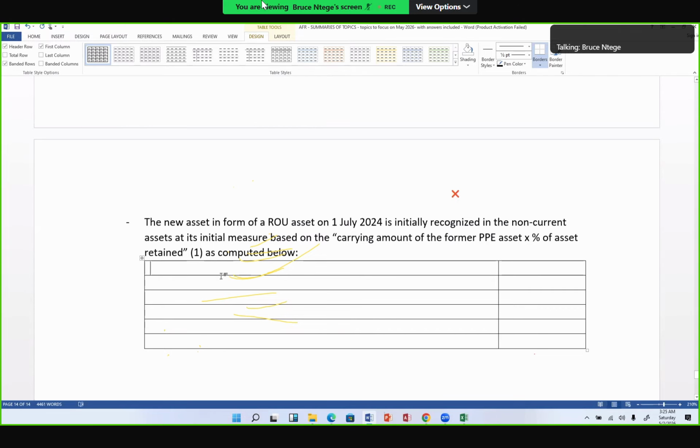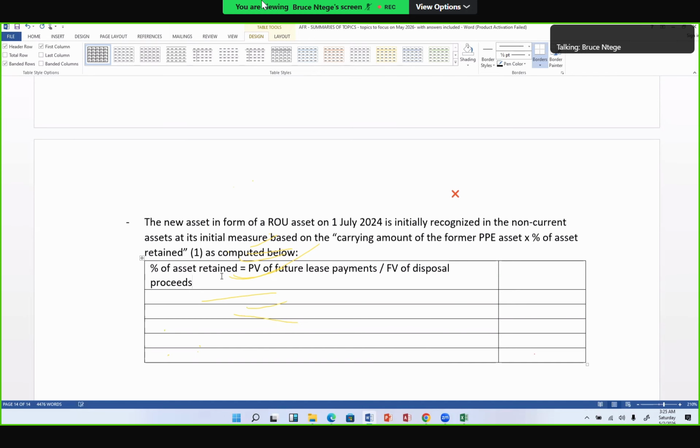So I need the percentage of the asset retained, because that one is more straightforward, which is always going to be the present value of the future lease payments divided by the fair value of the disposal proceeds. Now, this is why it was tricky for students.